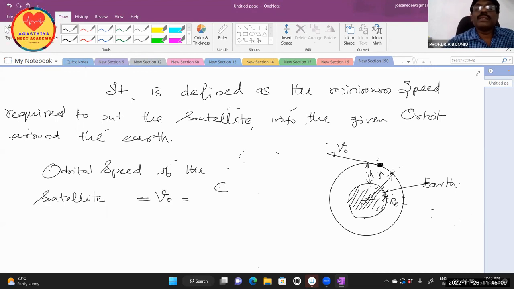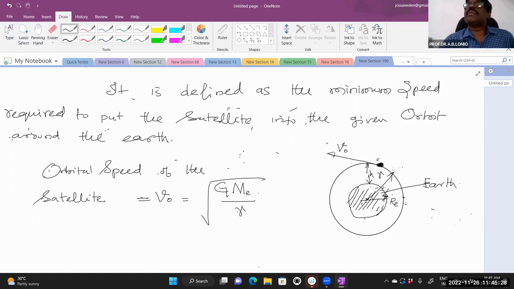The formula is V naught equals root of G M E divided by r, where G is the gravitational constant, ME is the mass of the Earth, and r is the distance at which the satellite is positioned.